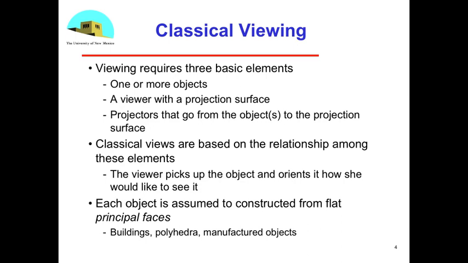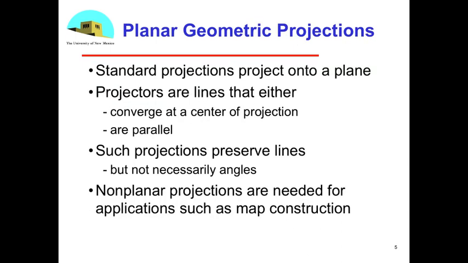The kind of projections that emerged from that were known as planar geometric projections, and each of those words has a very special meaning because there are many other types of projections. Generally, the idea is that your projectors are always going to be lines, and for what we do, they're going to do one of two things. They're either going to converge at a center of projection, or they're going to be parallel to each other.